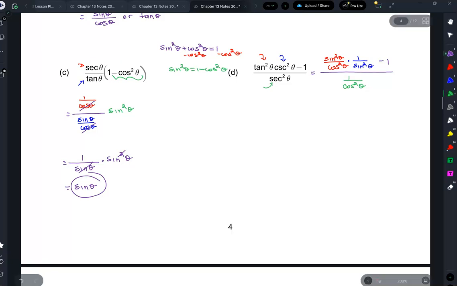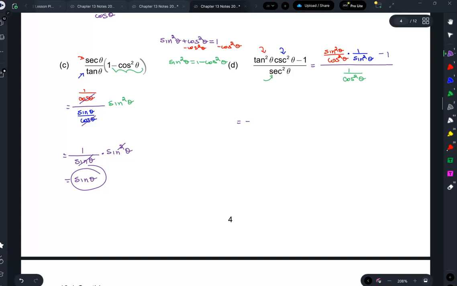So, let's see. Sine squared, sine squared. So what I have now is 1 over cosine squared theta minus 1, over 1 over cosine squared theta. Do you see how all I did was cancel one sine and sine, and I rewrote the whole thing, right?